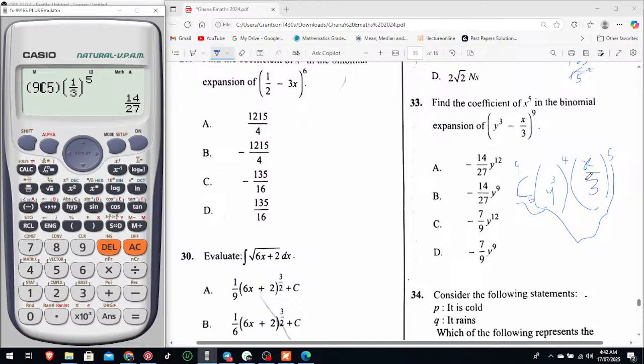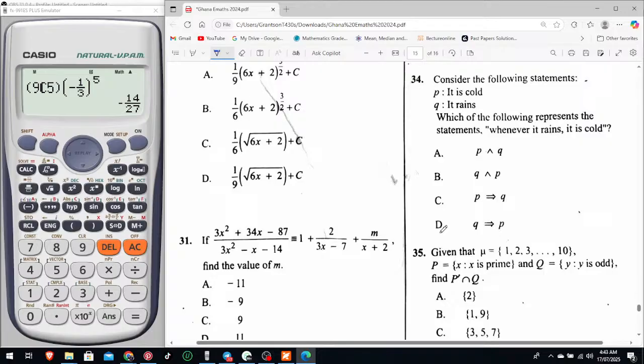But mind you, the x is negative, and because this exponent is 5, we take the negative option. Let's put the negative here: negative 14 over 27. And the y will have exponent 4. You get it? So the option is A. Do you understand?